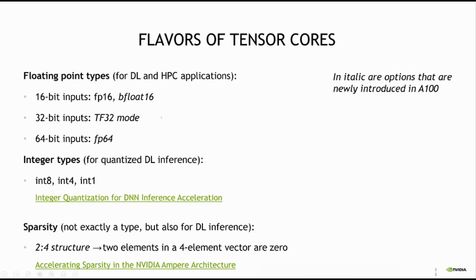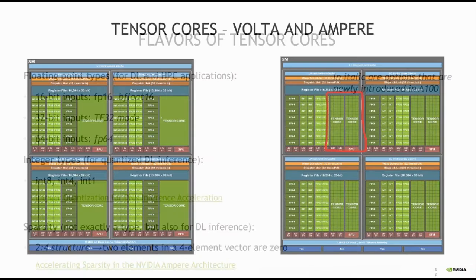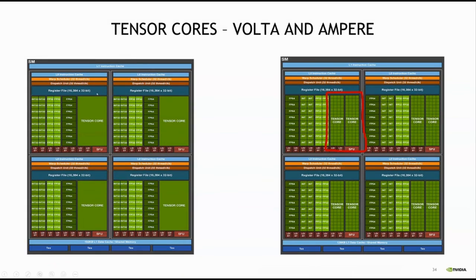One more important point to notice is the architectural difference between the Volta and the Ampere core. You'll notice that the Volta cores have two tensor cores, but much sleeker tensor cores.